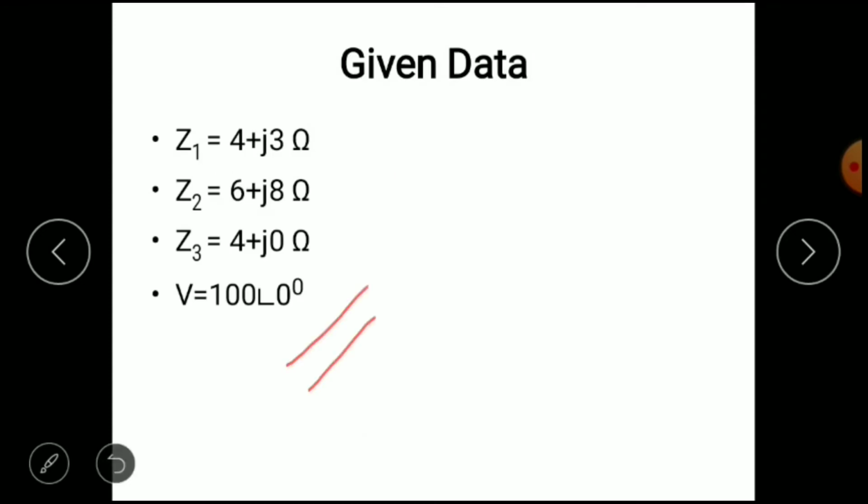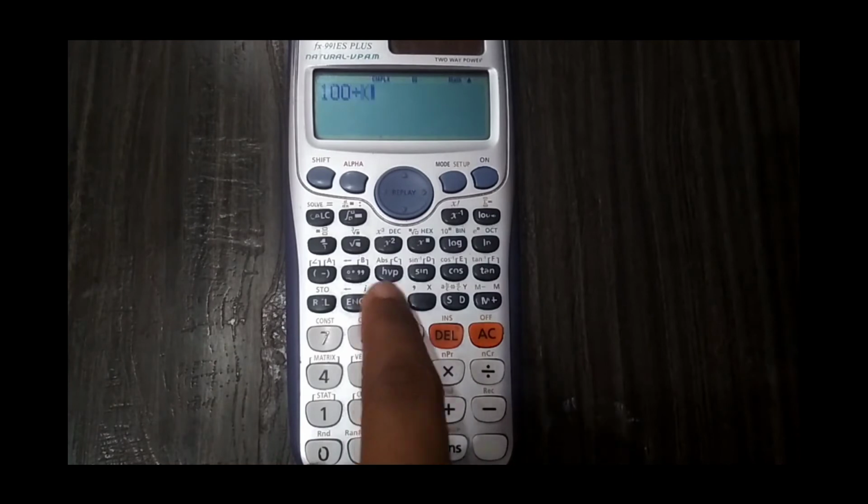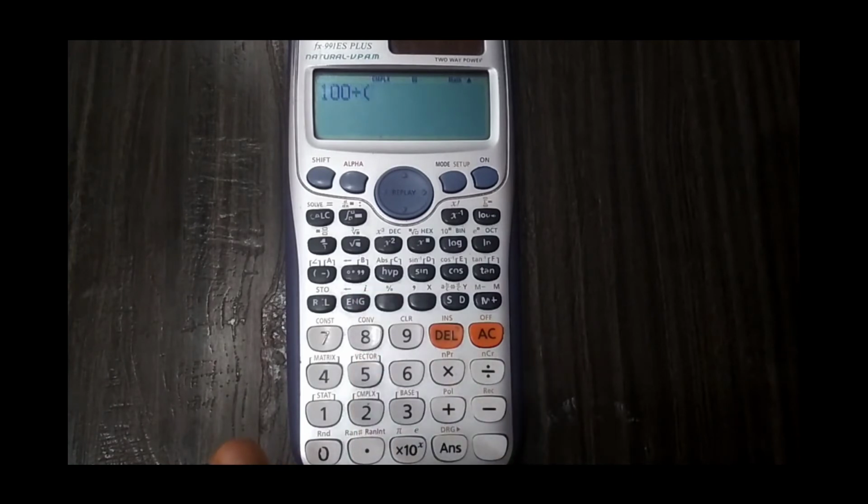Here are the given data available in the question. Let us see how to solve this question. The value of current in the circuit can be obtained by I is equal to V by Z from Ohm's law. V value is 100 and Z here is the sum of three impedances Z1, Z2, Z3.